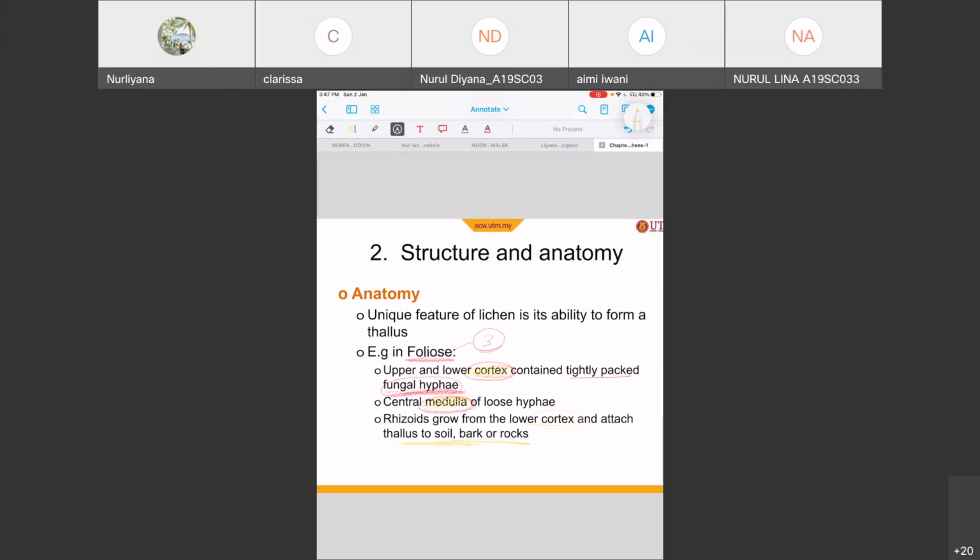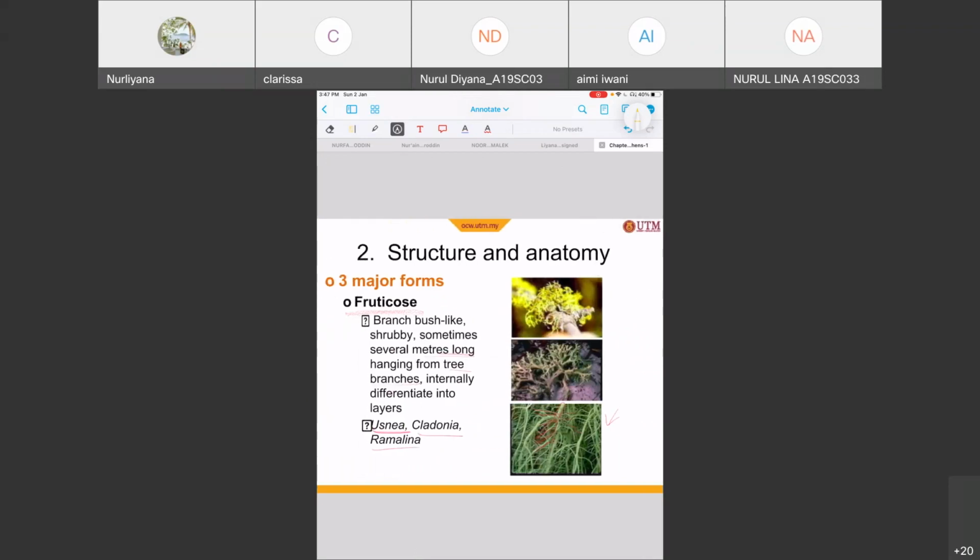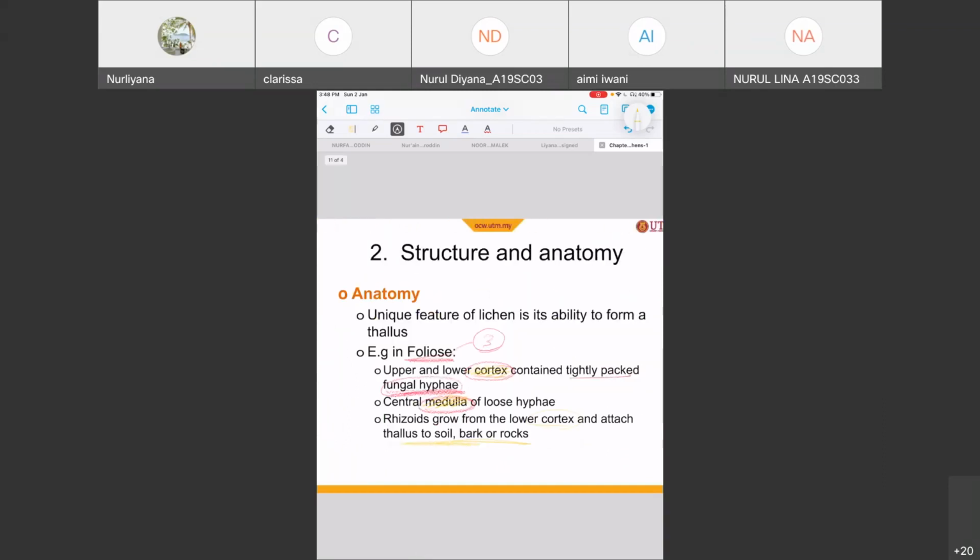That means you can see from here in detail they are explaining that each of the forms of the lichens is composed of medulla and the cortex, the outer layer of the structure. This cortex and medulla help them to shape their body so that they can form a different thallus.